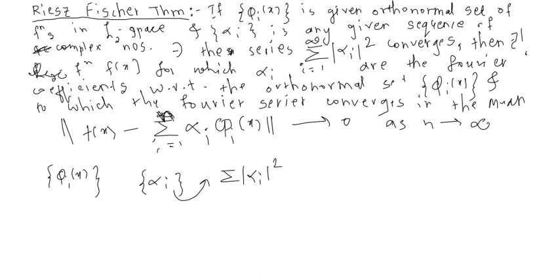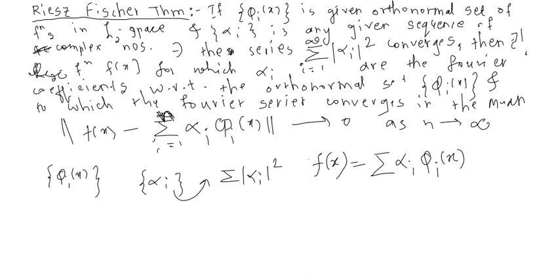Then the Riesz-Fischer theorem says that there will exist some function, let us call it f(x), such that f(x) is equal to this series, the summation of alpha_i phi_i(x).